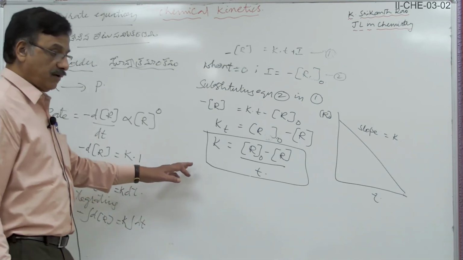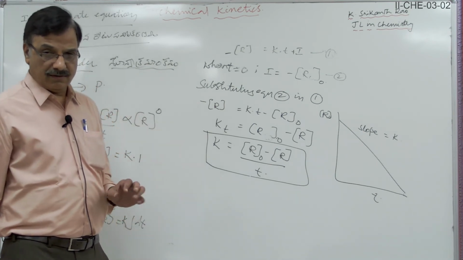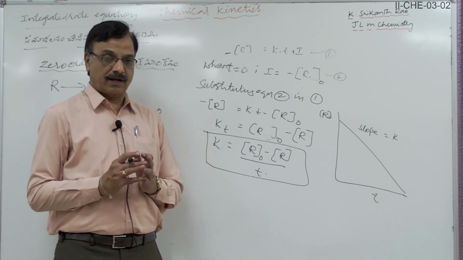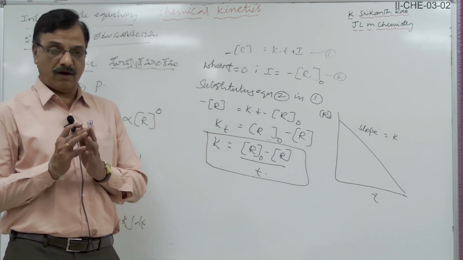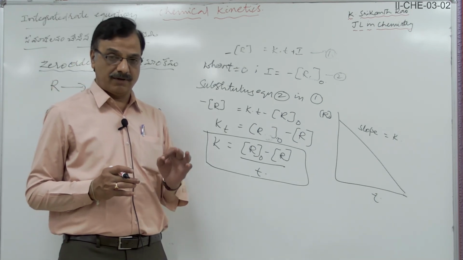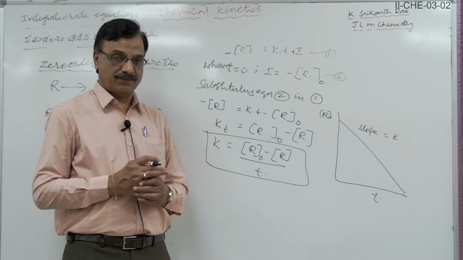Here we can define the half-life of the reaction. అద్దాయు, the equation. అద్దాయు సమీకరణం. That is, time required to decompose half the initial amount of the substance. We call it as half-life. Time required to decompose half the initial amount of the substance.